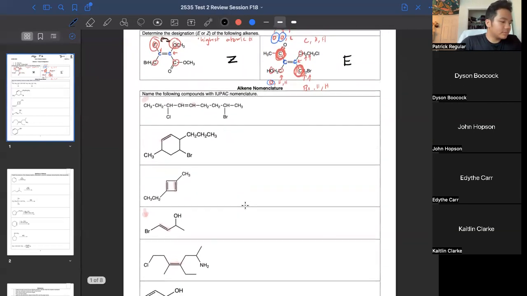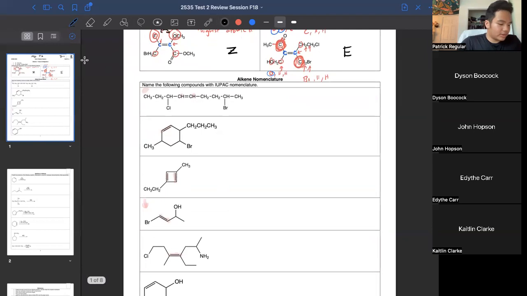Let's go ahead and jump into nomenclature. So we already said that this alkene right here cannot be interpreted, so we don't need to worry about C or Z. However, we can still worry about the other things. Let's go ahead and just first off identify the parent chain. We have 1, 2, 3, 4, 5, 6, 7, 8, 9. It's a nonane.